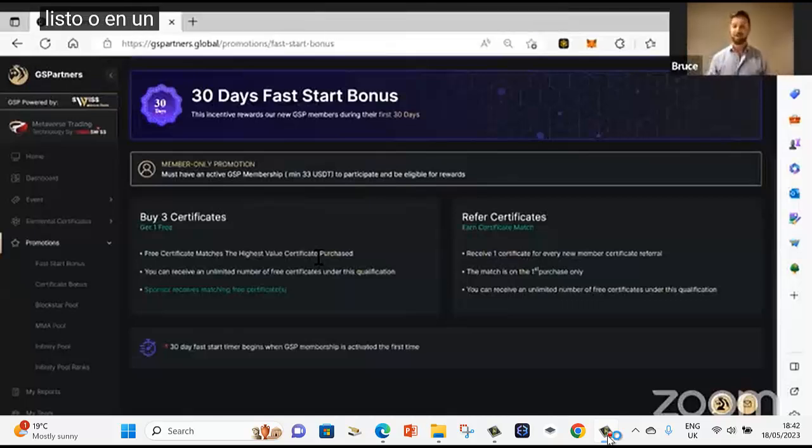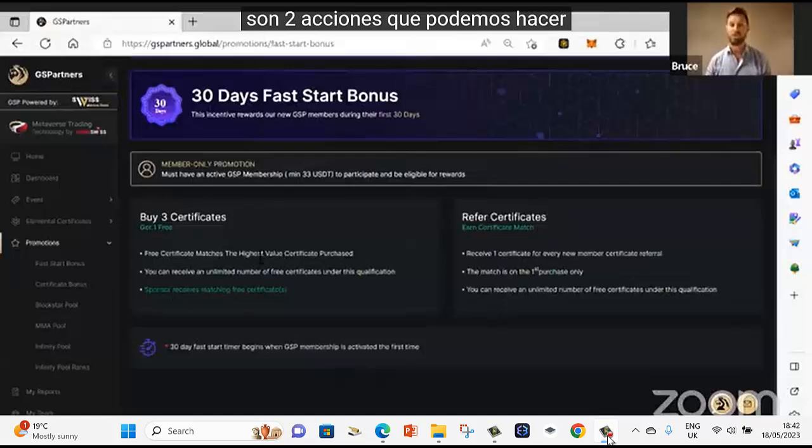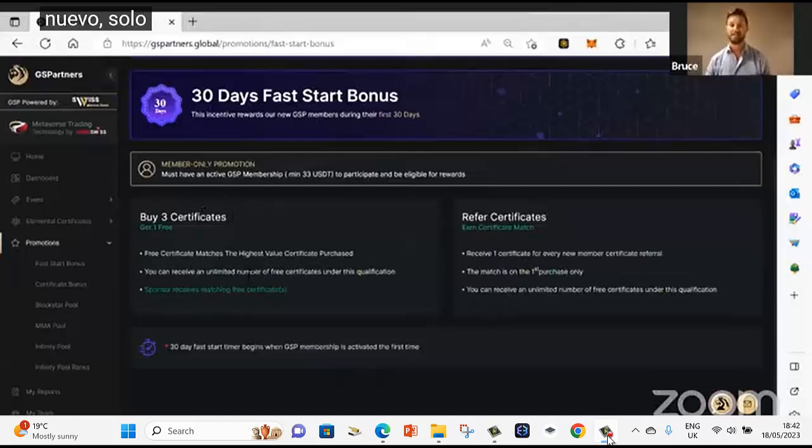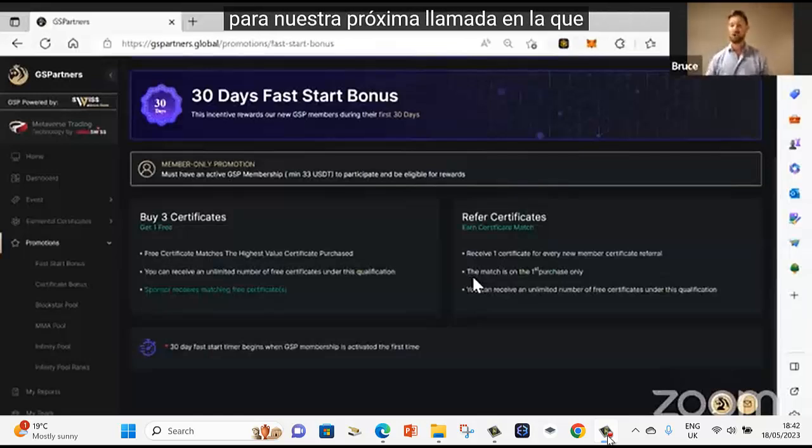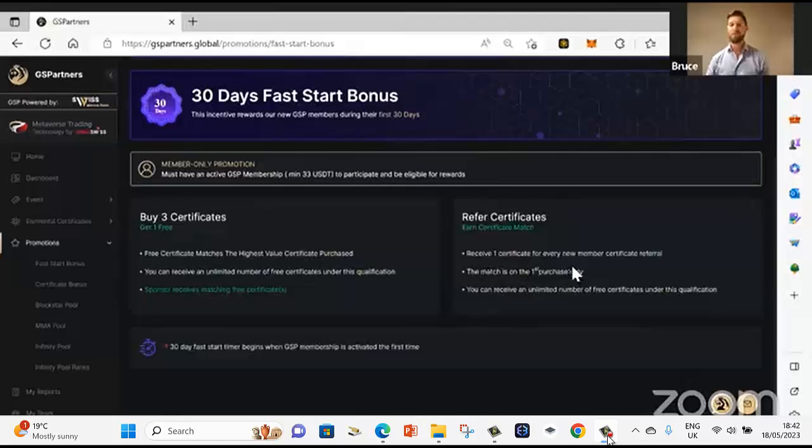As a marketer, you also have an opportunity to earn free certificates, meaning when somebody whose fast start bonus clock is running takes action buying, as a sponsor, you receive a matching certificate too, on their first purchase.